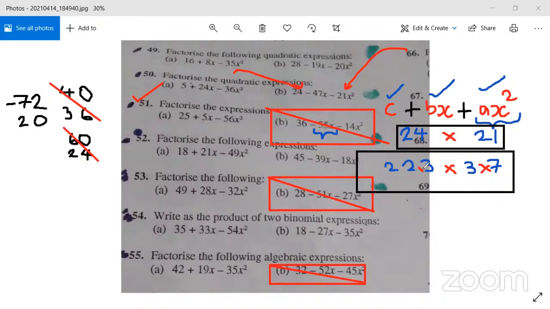The problem is this right here is correct, but not for this number. This will only be correct if I do one more thing. I need to put 2 in front of the 12. 2 times 12 gives me 24. There we go.